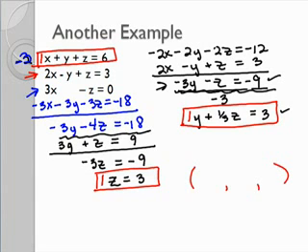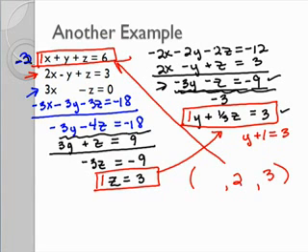The z value is 3. I take that, I plug it into this equation with the two variables. A third of 3 is 1. If y plus 1 has to equal 3, then y must equal 2. And then I take those two values and plug it in to that first equation then to figure out what the x is.